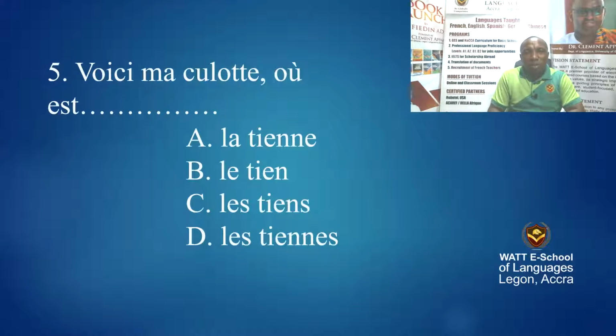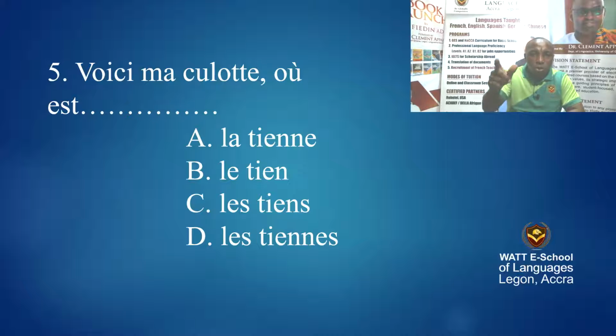Voici ma culotte. This is my short. Où est? When you look at voici ma culotte, look at the possessive adjective ma. It means my. Ma is feminine singular because culotte has no S added. Therefore, it is feminine singular. So if we are talking about ma culotte, it means where is yours? In French, yours is la tienne, because culotte is feminine.